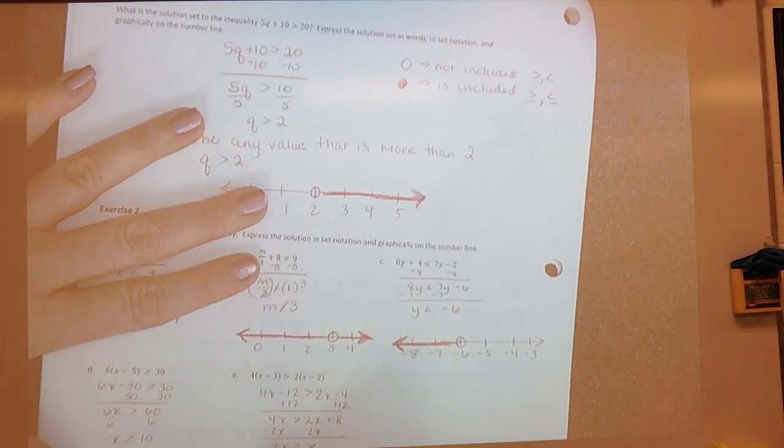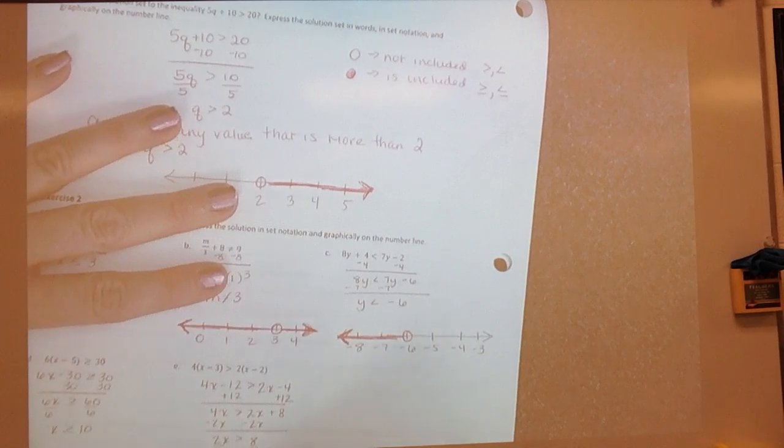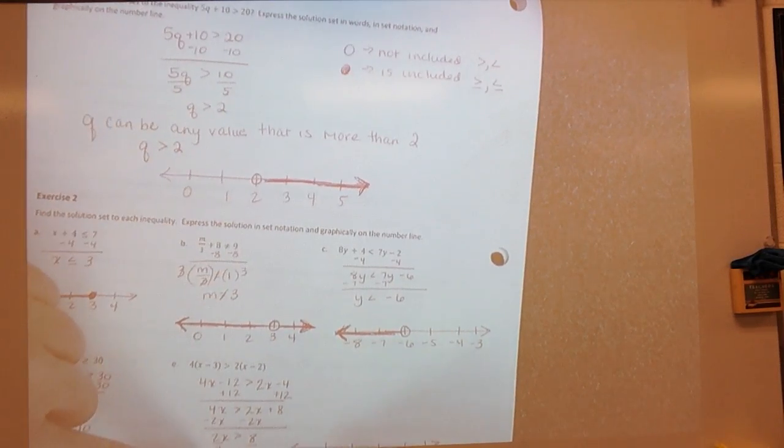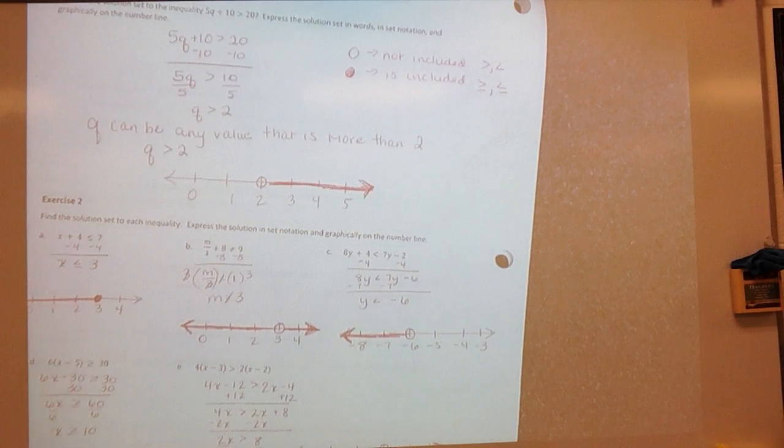Divide by 2. X is greater than 4. Alright, draw my graph. Four is not included, so open circle. And I'm going to shade everything that is greater than 4.